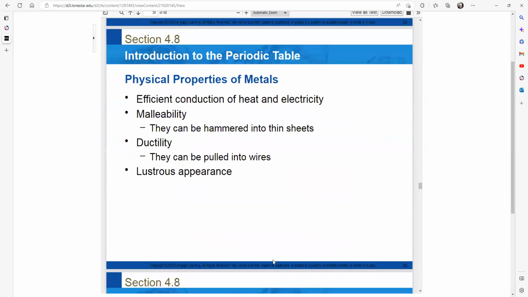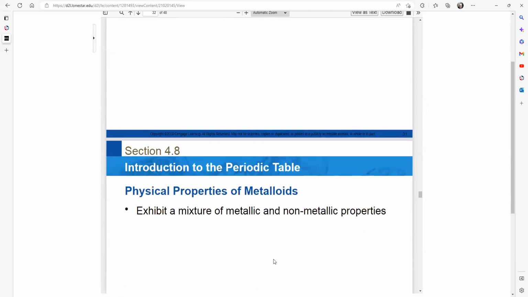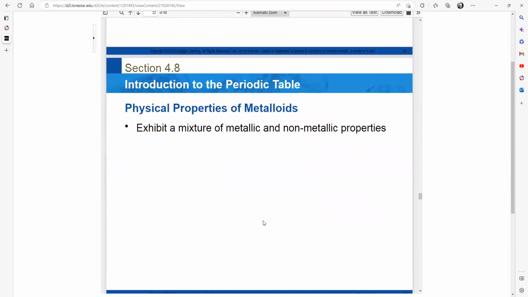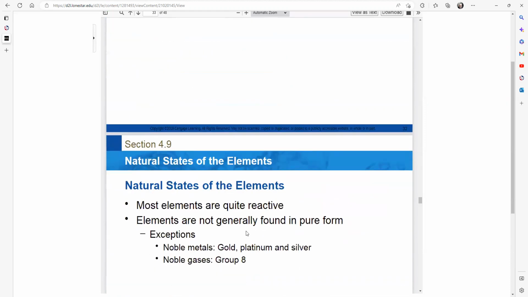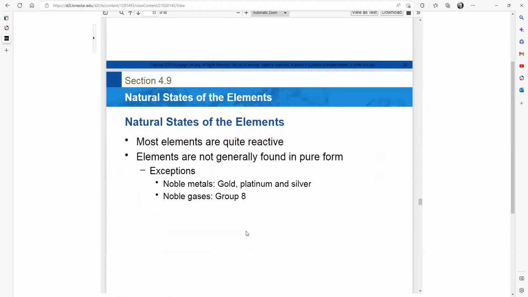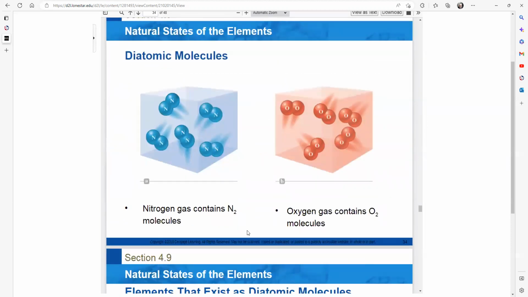Okay, then we are looking at the metalloids, which have a mixture of metallic and non-metallic properties. Here we can see that nitrogen is a diatomic molecule, as is oxygen.